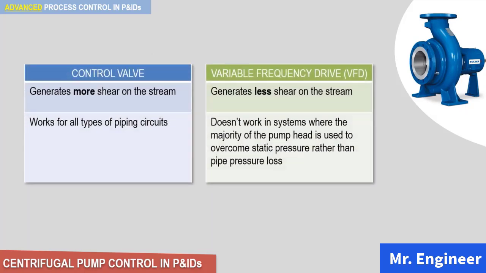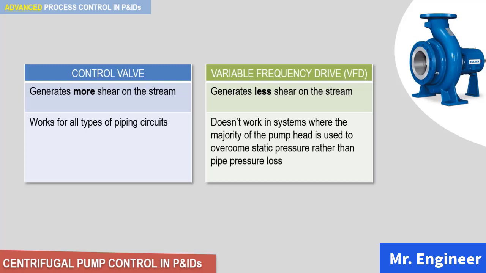Take a look at the following table. It summarizes some process reasons for using a control valve or a VFD. Now, since control valves generate more shear on the fluid, they are not good for shear-sensitive liquids like oily waters or biomaterial. However, the advantage is that control valves work for all types of piping circuits.